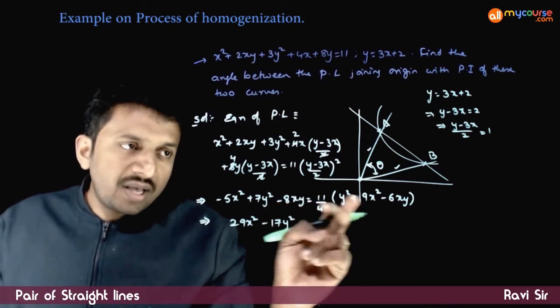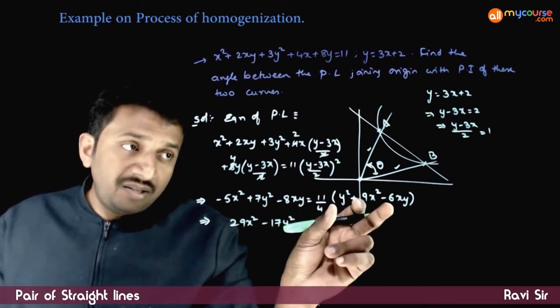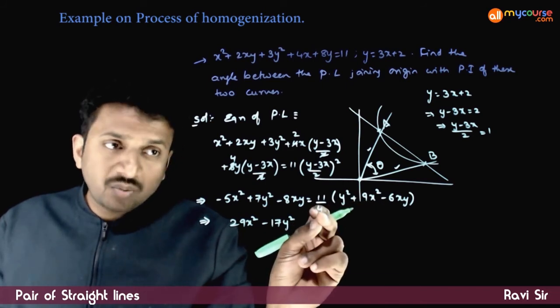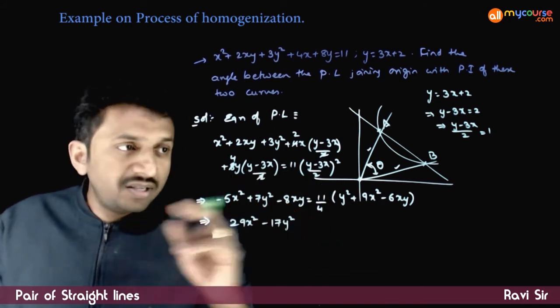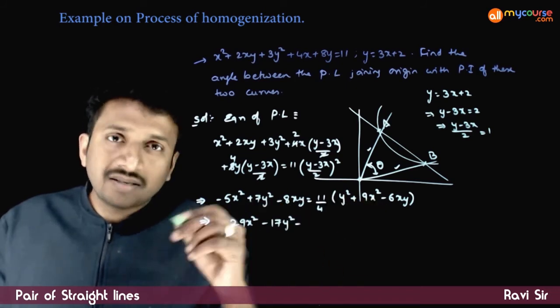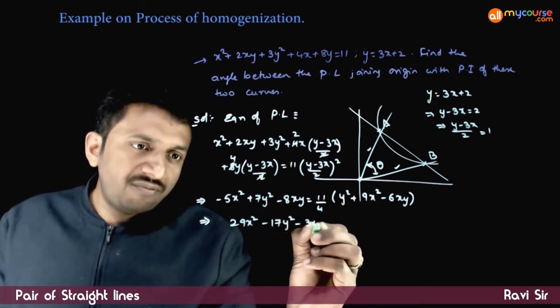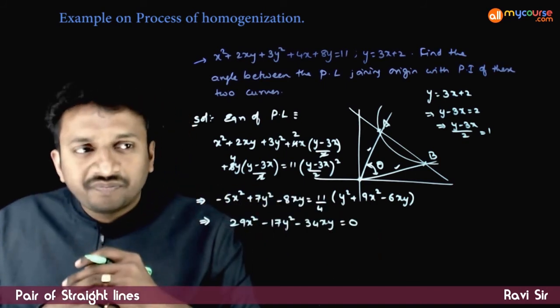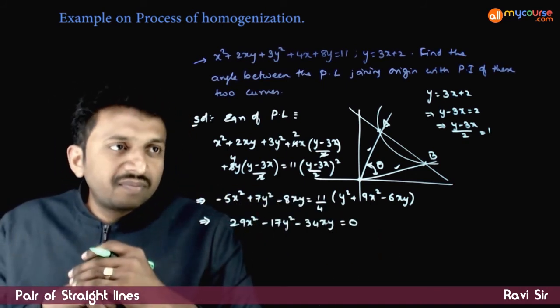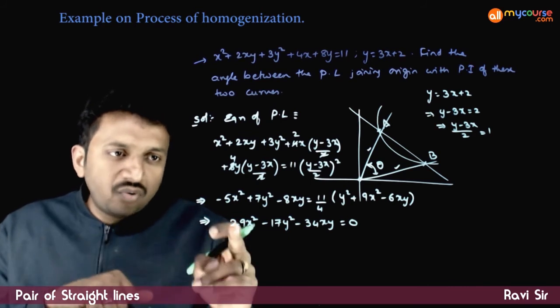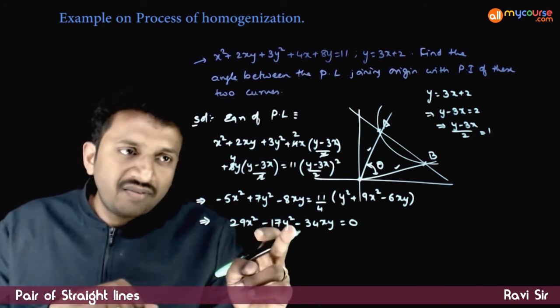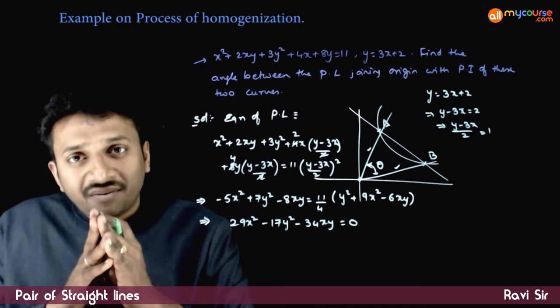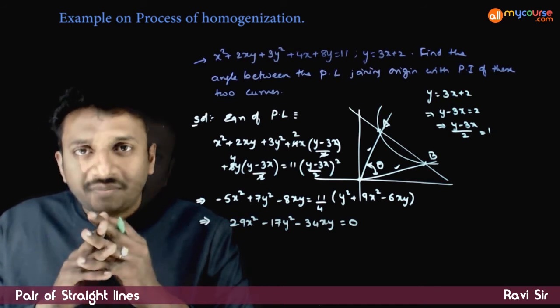Minus 32xy, you have a minus 66xy, so minus 66xy plus 32xy. 66 minus 32 is 34xy is equal to 0. So you have 29x square minus 17y square minus 34xy is equal to 0.